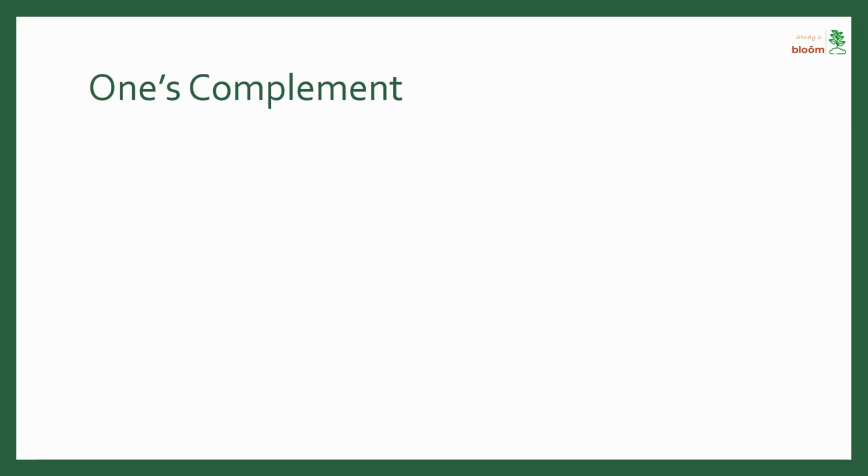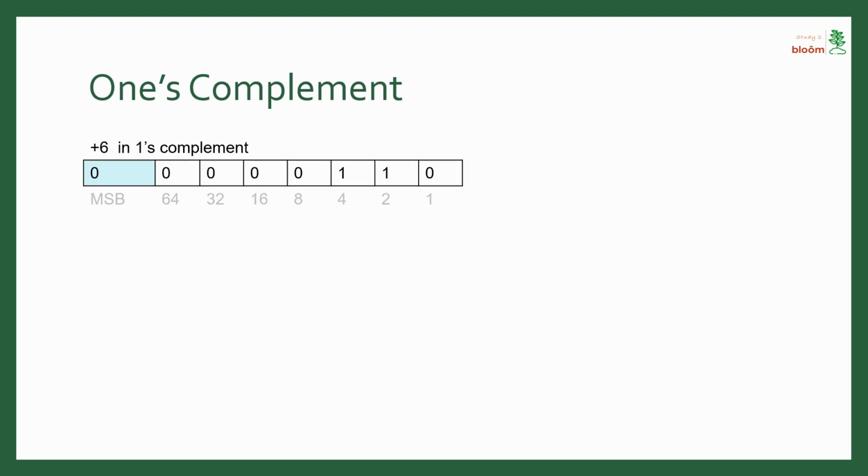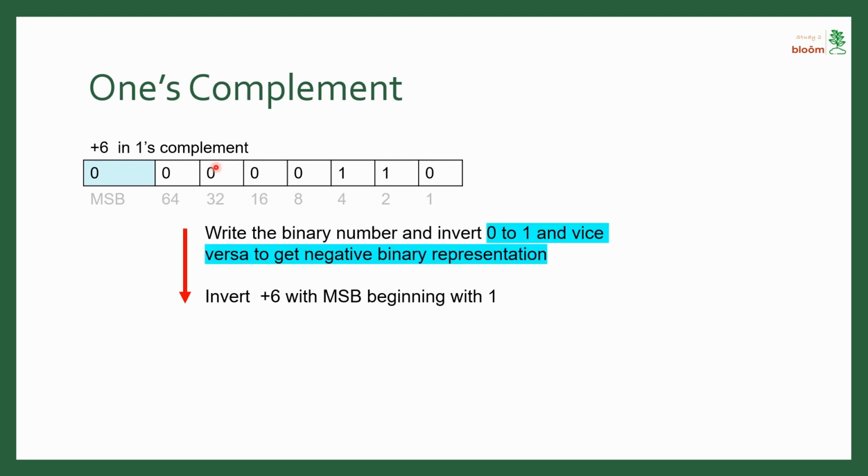1's complement. Let's see how to represent negative numbers in 1's complement. First let's take the previous example, plus 6 in the 1's complement method. Same as before, 7 bits are dedicated for the absolute value, and the most significant bit is reserved for the sign value. So 6 is 110, and since it is plus we use 0, and the remaining positions are filled with 0. When converting this plus 6 to minus 6, it's very simple.